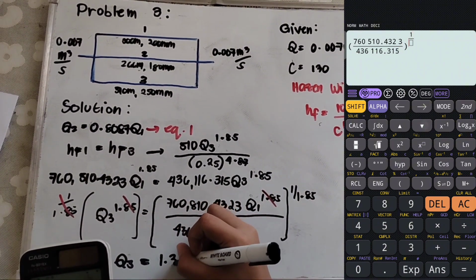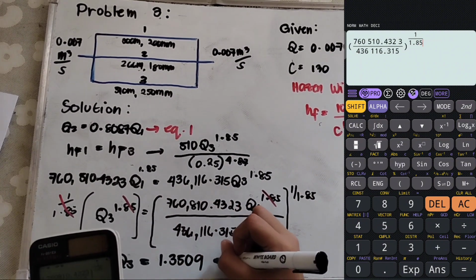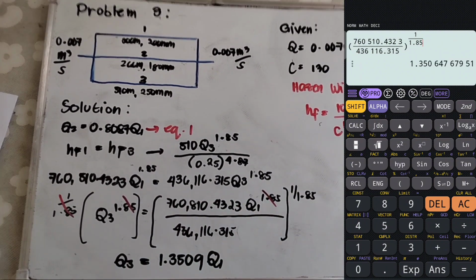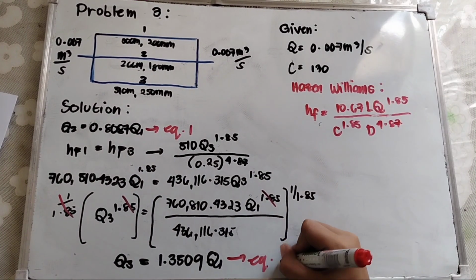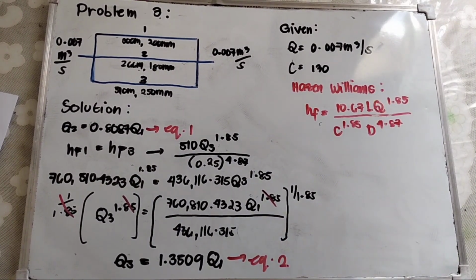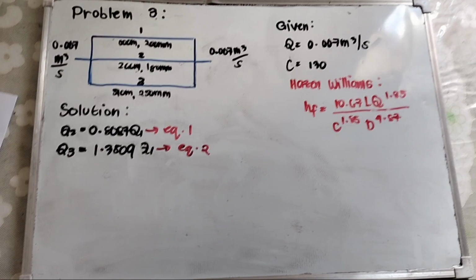And so, we're able to get the equation Q sub 3 is equal to 1.3506 Q sub 1. And that is our second equation.